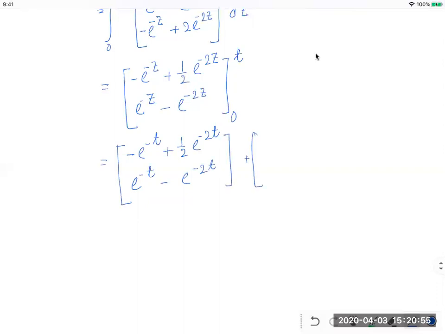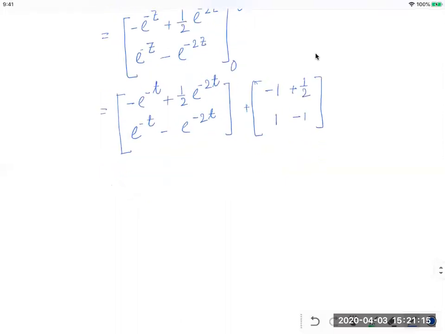After applying the lower limit, for the first element, minus 1 plus half, because e to the power 0 is 1, and the second element is 1 minus 1.